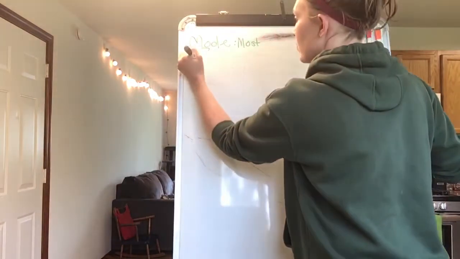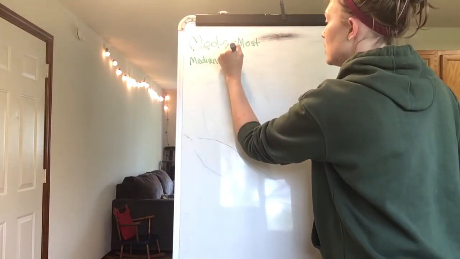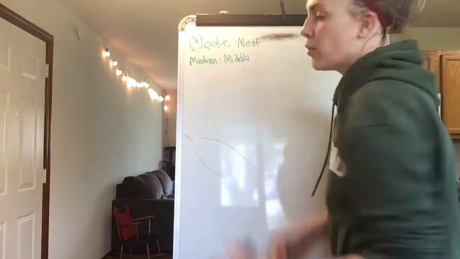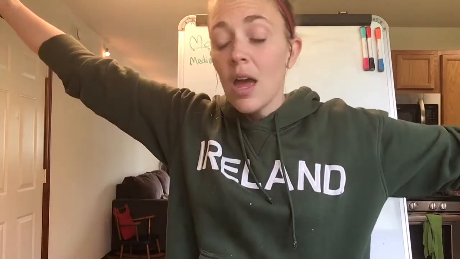Next, you have median. Median and medium are somewhat similar. Medium is right in the middle, and so is a median. So median is your middle data point. Range, I want to know, like if you're singing, your range is from how low to how high you can sing.